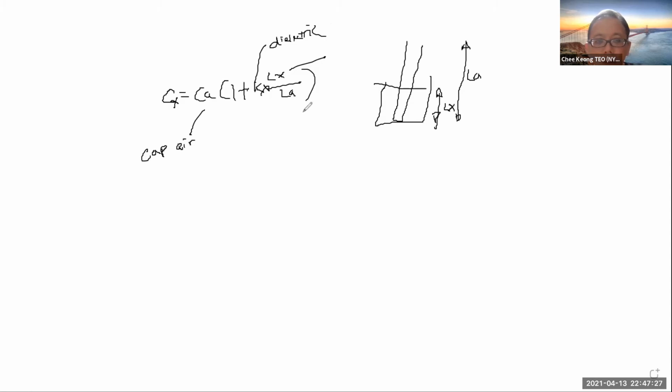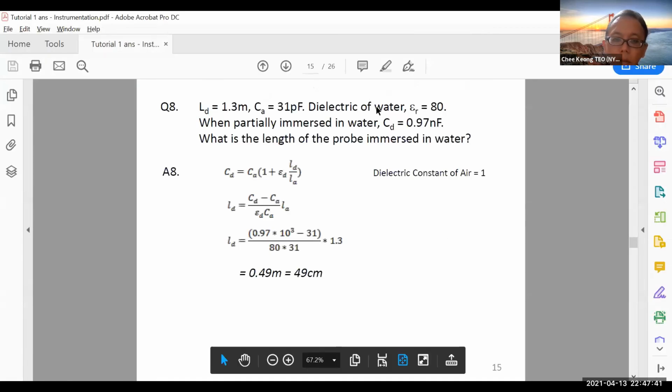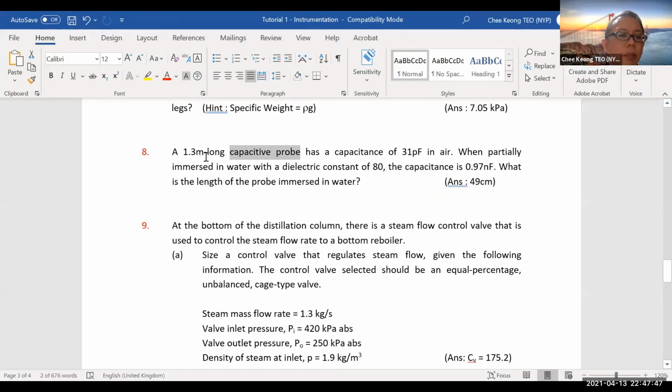Now, after knowing all these definitions, we take a look back at the question. The probe is 1.3 meter long, so that means this is LA. LA is 1.3.